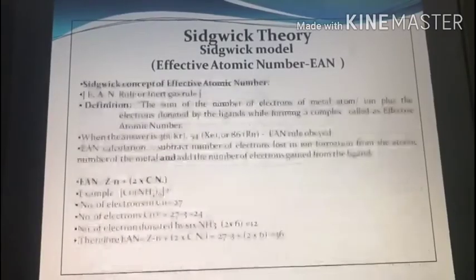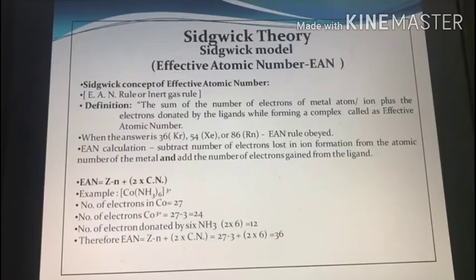Let us see the definition of effective atomic number. It is stated as the sum of the number of electrons of metal atoms or ions plus the electrons donated by the ligands while forming a complex, called the effective atomic number.